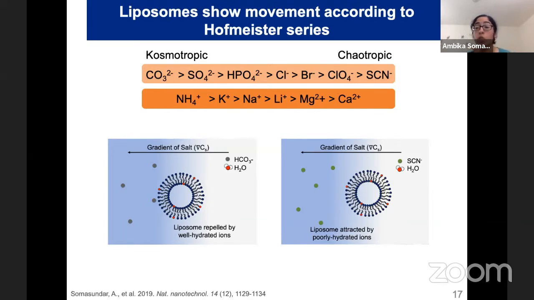They have a very good water structure around them, and they don't want to interact with the lipid vesicles, so they repel from the surface of the lipid vesicle. But thiocyanate is poorly hydrated, and it is able to attach to some parts of the lipid vesicle, and hence the lipid vesicles are attracted to the thiocyanate. Does that make sense?